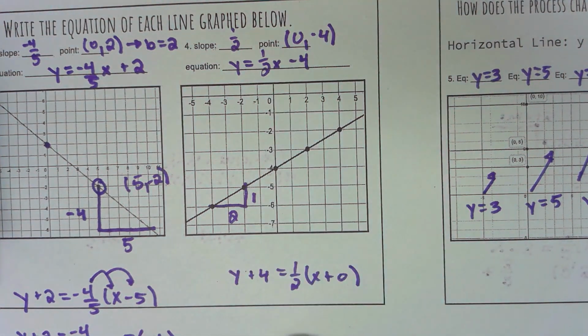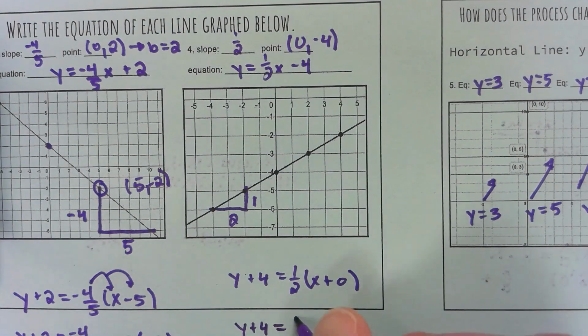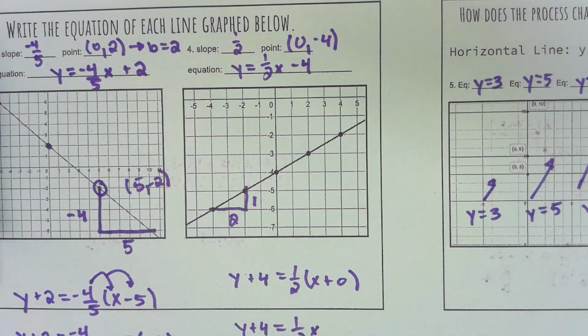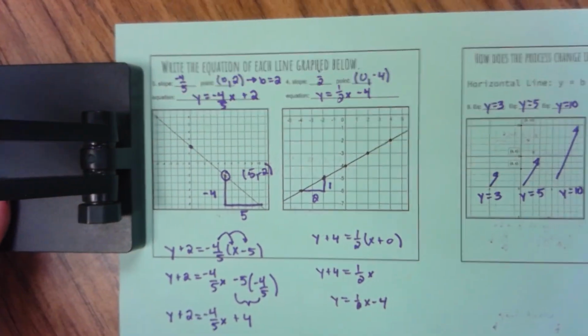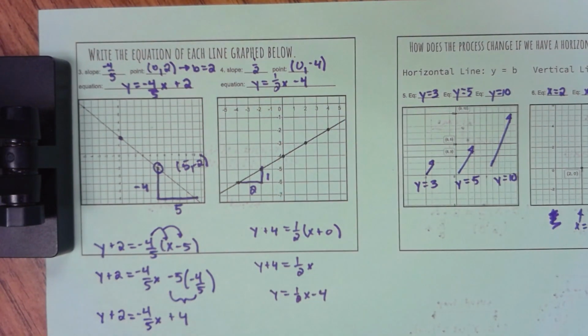And the conversion is really easy, right? If I multiply the slope, well, I get y plus 4 equals 1/2 x, and then 1/2 times 0 is just 0. So then for me to get y by itself, I just subtract 4, and there we go. I have the exact same equation that I originally wrote in slope intercept form.